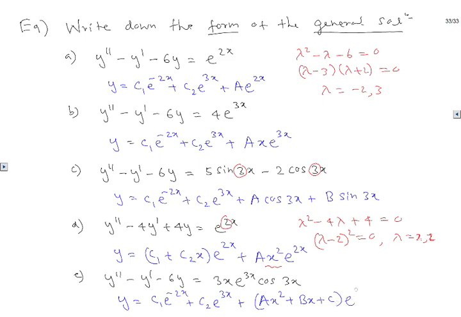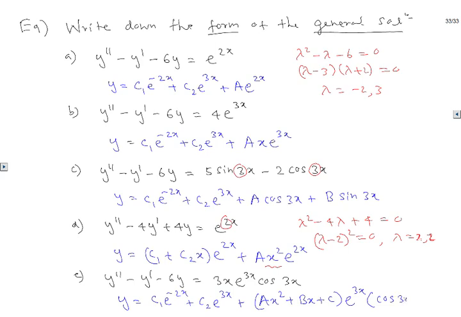E to the 3x, we just write it like that, and then cosine, sine. But when you write cosine sine, do you really need a coefficient for one of them? Actually, you can remove one of the coefficients because it's still included in a, b, c. So I don't write a coefficient for one of them, but you still need to write a coefficient for the next one.